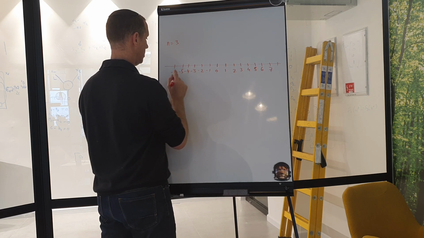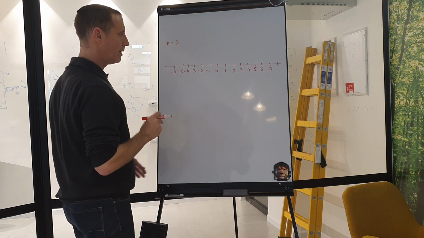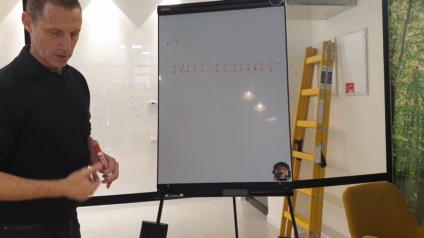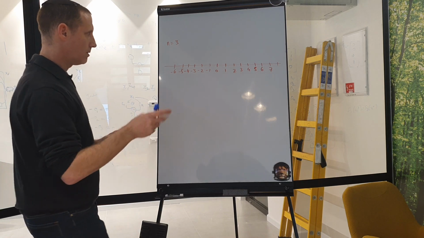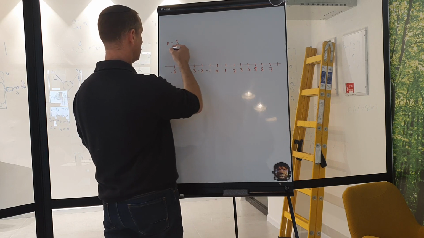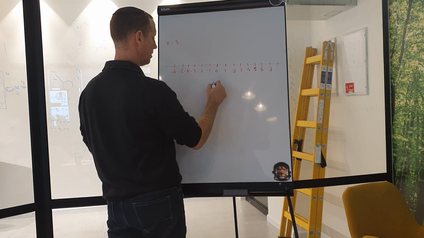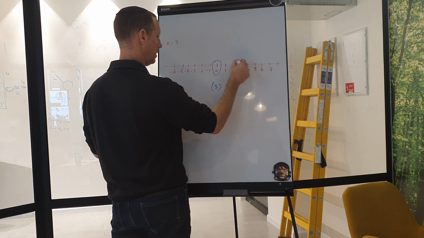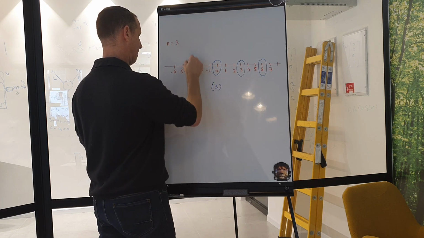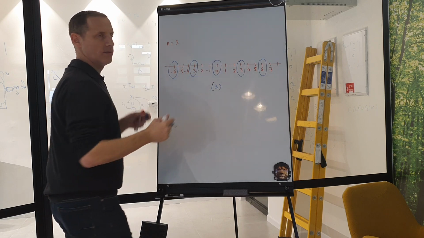Actually, you don't have three ideals. You have one ideal, but you have translations of that ideal. So with n equals 3, the ideal would be this, and this, and this, and this continues to infinity.